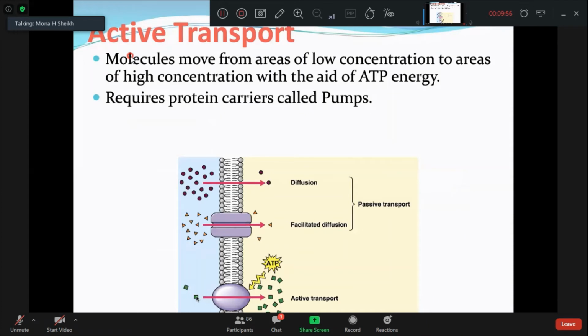Here, I'm going against gradient from low to high, and then I will need energy, so I will need ATP. So this one is active. If the transport itself requires the energy, we call it primary active transport, like the sodium potassium ATPase pump, meaning that the pump itself is hydrolyzing the ATP to produce the movement.